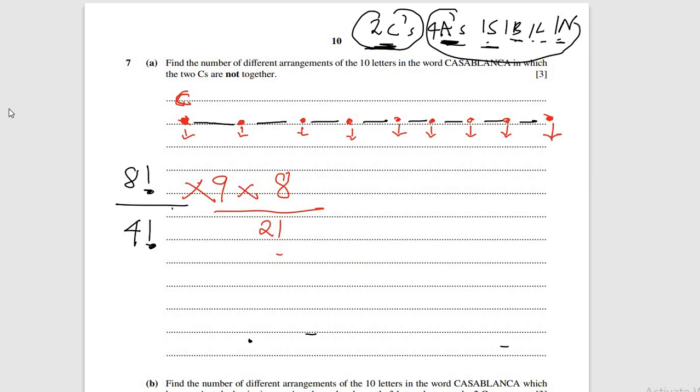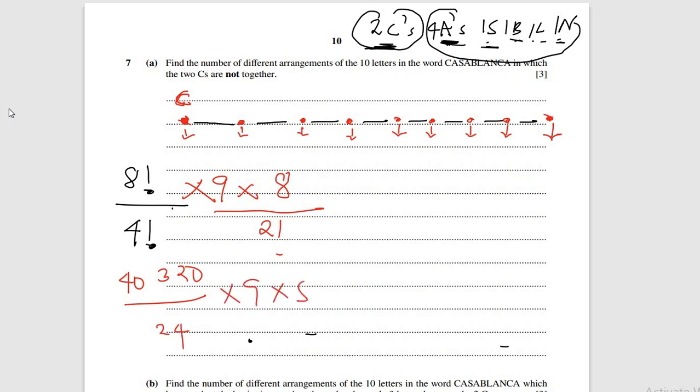So let's now see it. Therefore, 8 factorial over 4 factorial. Let me use the calculator. 8 factorial is 40320. 4 factorial, that's 4 times 3, 12, 12 times 2, 24.